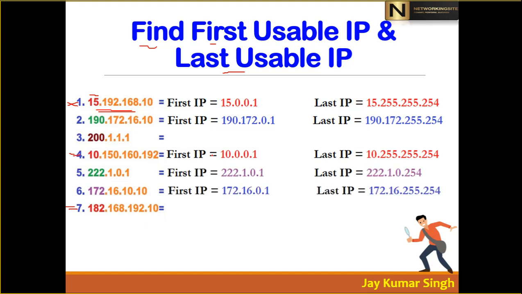Okay, now number seven: 182.168.0.1, and the last IP will be 182.168.255.254. Okay, fine, good.